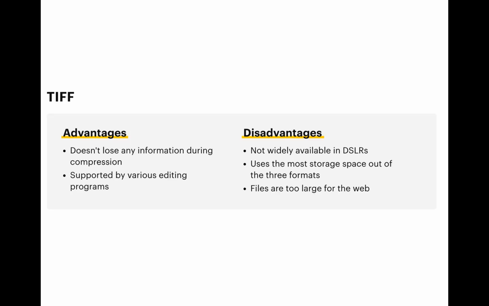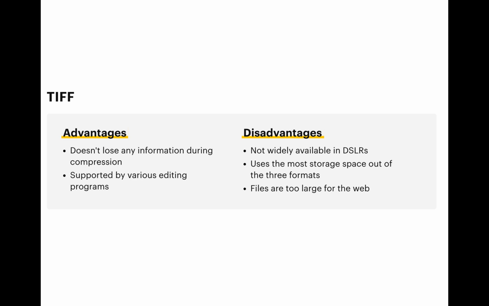Now TIFF, you cannot shoot in TIFF on a digital SLR, and it's not widely available. There's some models that have this, but they're very expensive camera bodies, and even if you have the option, more likely than not, you're going to choose to shoot in RAW because you want to take advantage of raw processing.